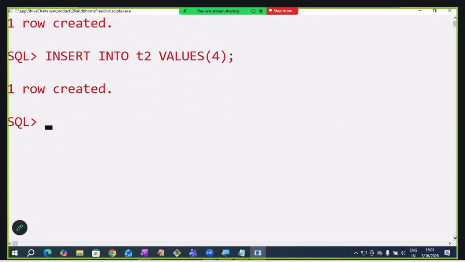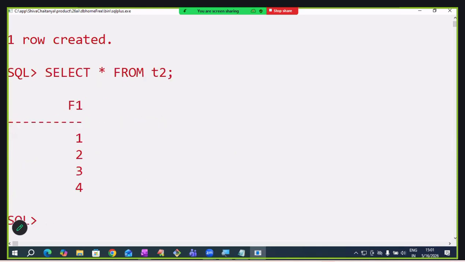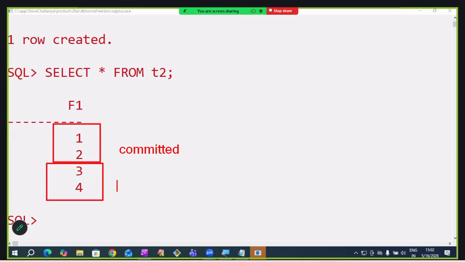Now open and see the table data. Select star from T2. Observe here, the table has 4 rows. In these 4 rows, these 2 rows are committed, and these are uncommitted actions. Now 2 uncommitted actions are there.